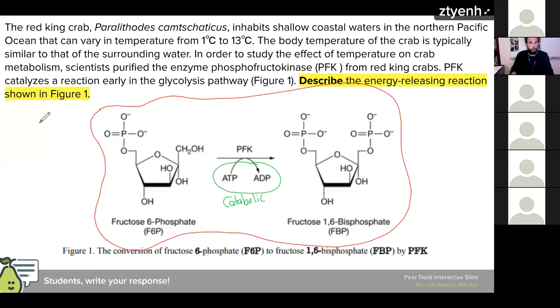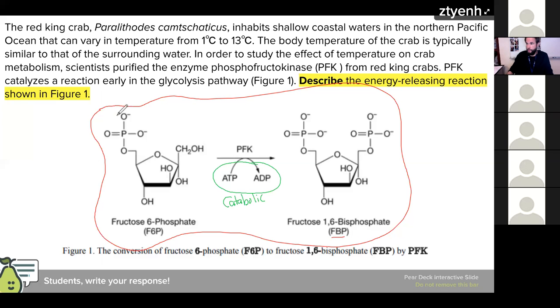So a molecule of fructose 6-phosphate, F6P, is having a phosphate group added to it to synthesize a molecule of fructose 1,6-bisphosphate, or FBP for short, okay?